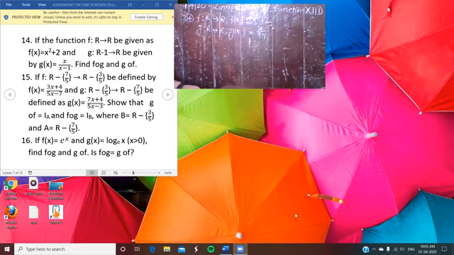In case of fog, here you see that g function is the second function. So the range of g is a subset of the domain of f. Then you can say that fog function exists.